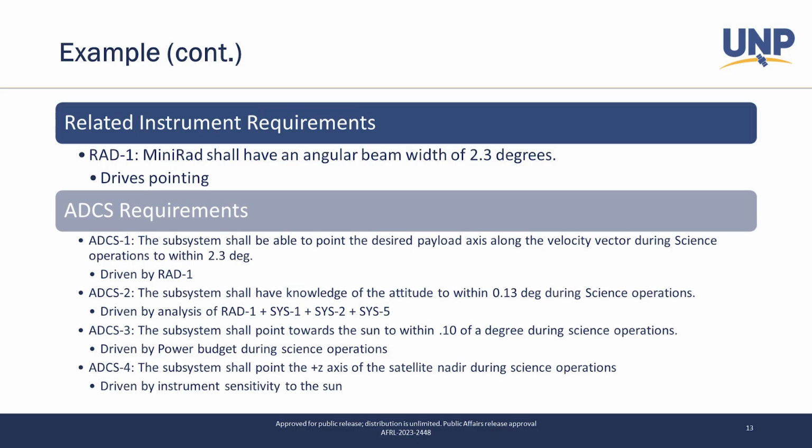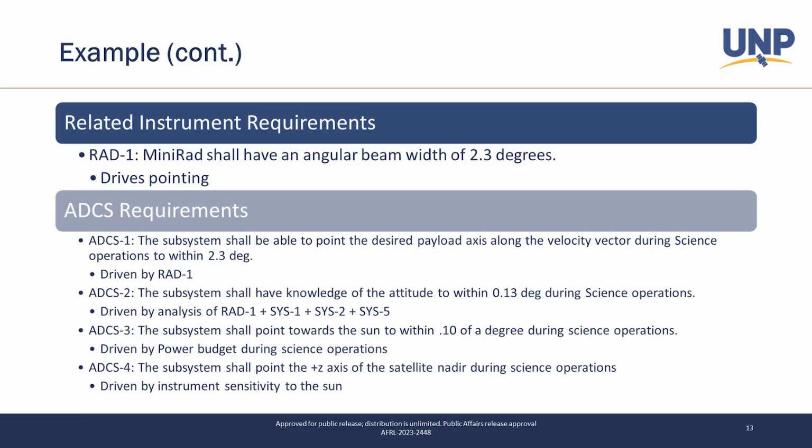So these first two ADCS requirements were in their RVM. The last two were just examples of over constraining yourself, over complicating things. For the third one, it says point within 0.1 of a degree. That'll be a little too complicated. So a question that we could ask is, can we get away with a lesser accuracy?